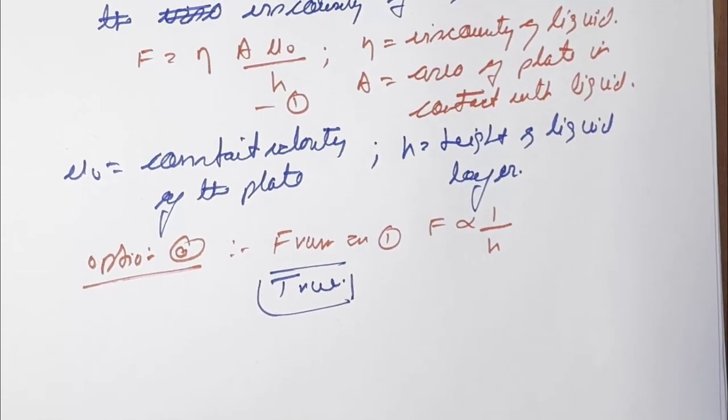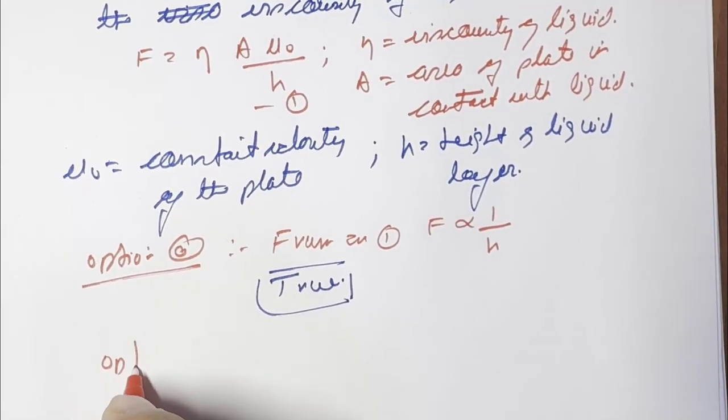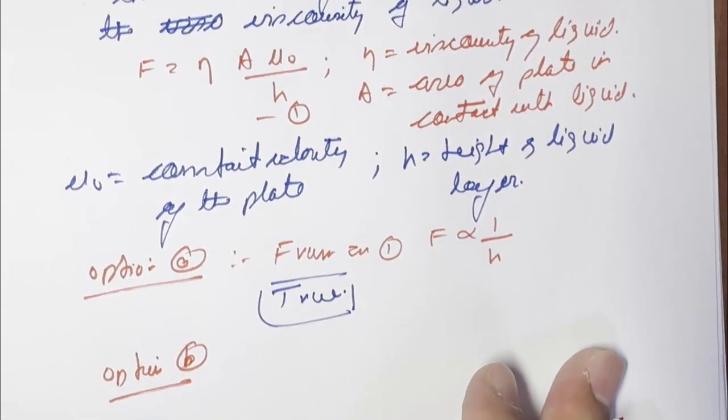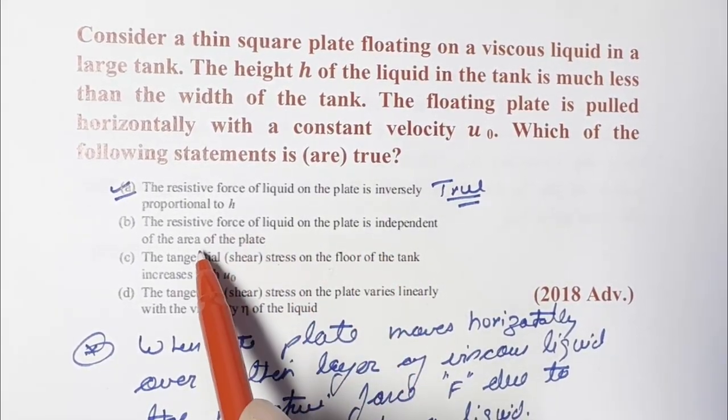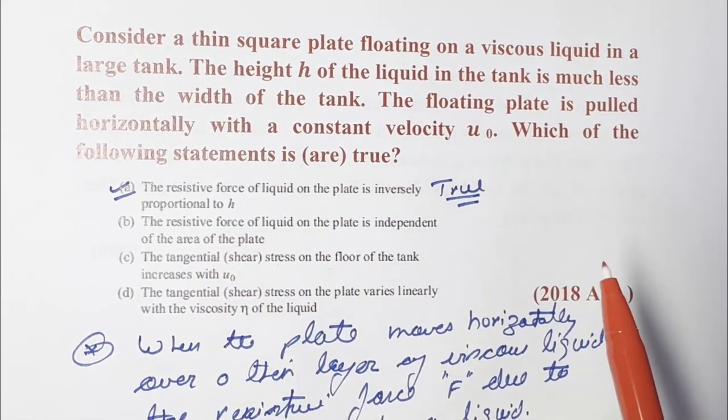Let us check option B. Option B states that the resistive force of the liquid on the plate is independent of the area of the plate.